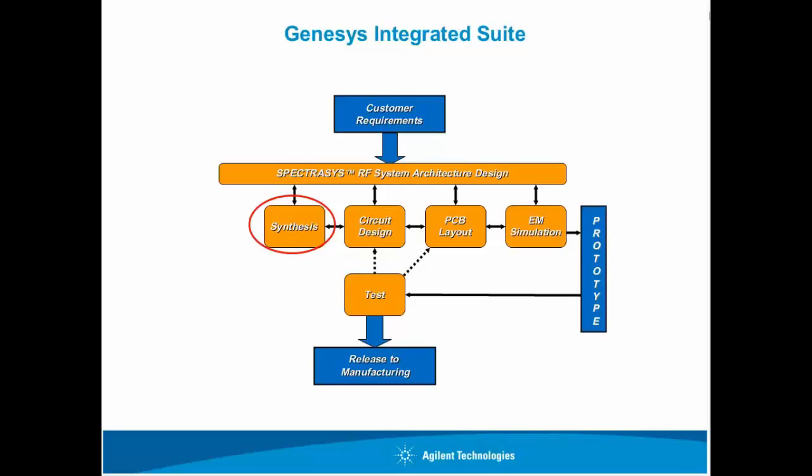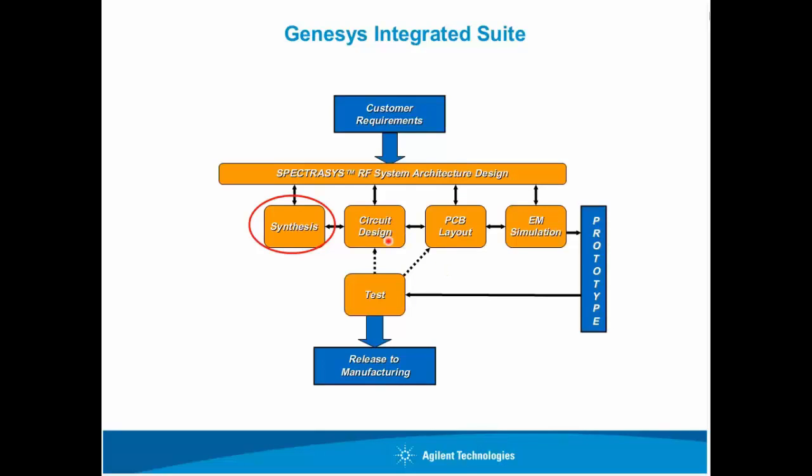So here's a representation of the complete Genesys integrated suite. Included in the Genesys suite is a SPECTRASYS RF architecture design tool, the synthesis capability we discussed, circuit design, which includes linear and nonlinear circuit simulation, PCB layout tool, and an electromagnetic simulator, and then export capability and import capability so that you can bring in your measured data and compare it at any level.